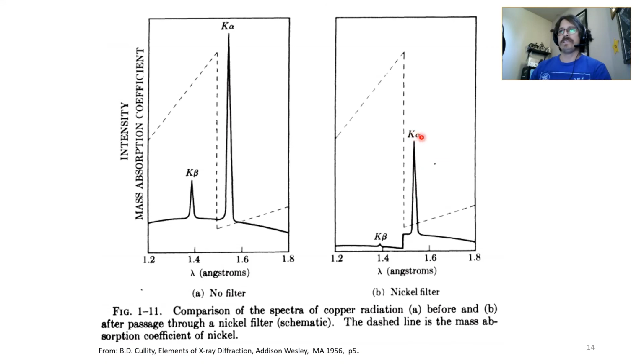If you look, the intensity of K alpha is decreased with and without the filter. So this is no filter, this is with the filter. I was backwards with my mouse pointing, I apologize. With no filter, K alpha is more intense. But the benefit of using the filter is you've gotten rid of K beta, so you'll actually have fewer peaks to confuse you.